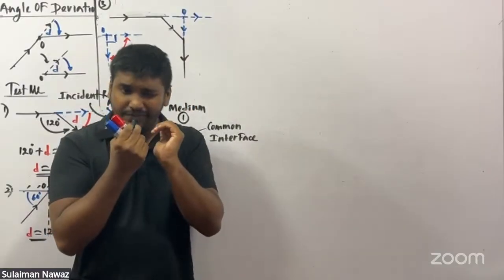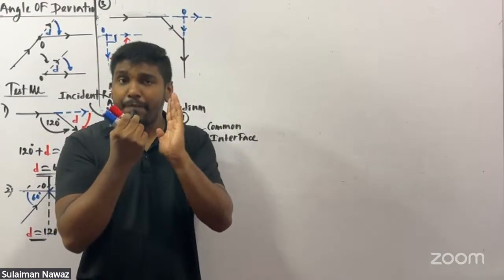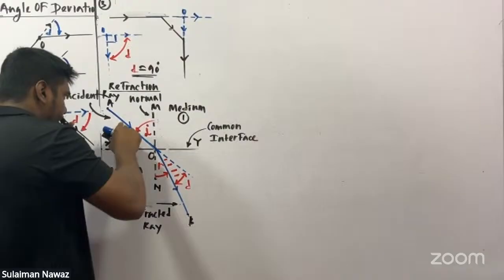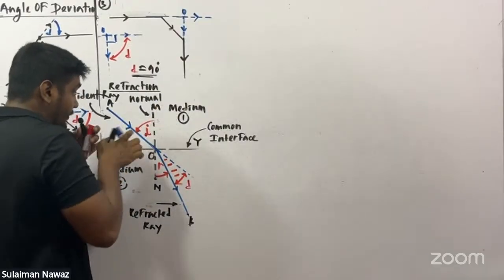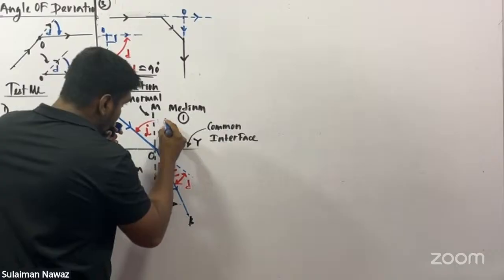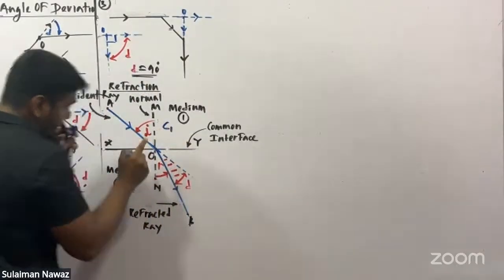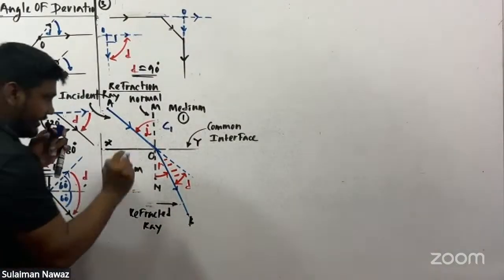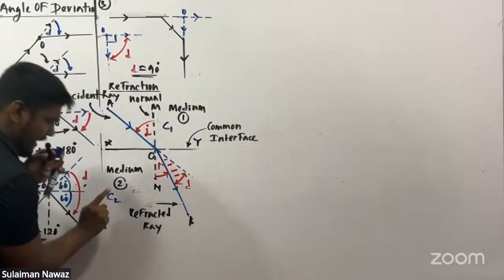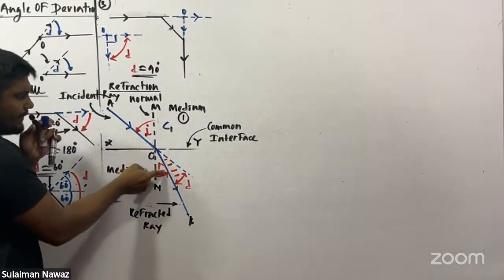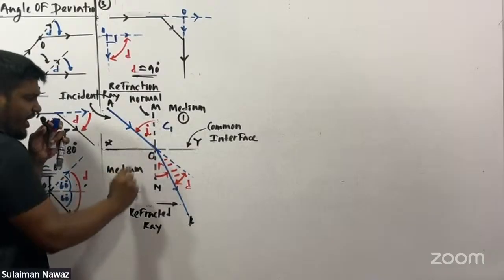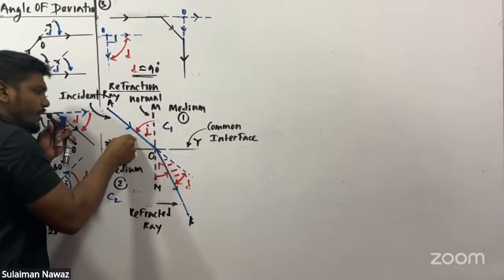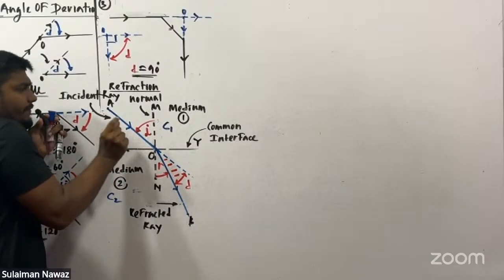When a light ray enters from one medium to another, the speed of the light ray must change. So if I consider this light ray's speed in medium 1 as C1, remember, the speed of the light ray in medium 2 is C2. So then I have a problem. These light rays are also waves. Now you told us speed changes as it enters from one medium to another. So what would happen to the frequency of the light rays and what will happen to the wavelength of the light rays?